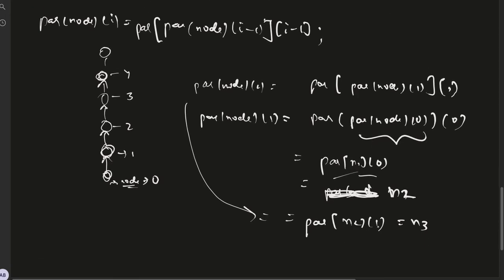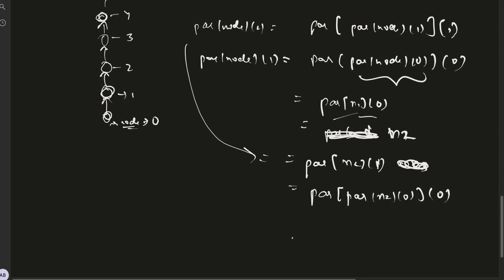Oh, sorry, comma 1 is again nothing but parent of node 2 comma 0, 0, which is parent of node 3 comma 0, which is node 4.